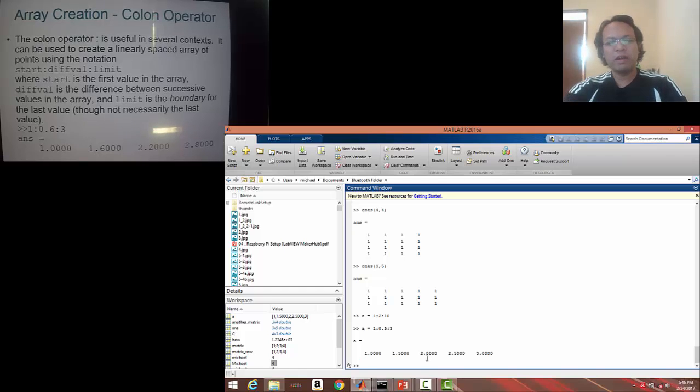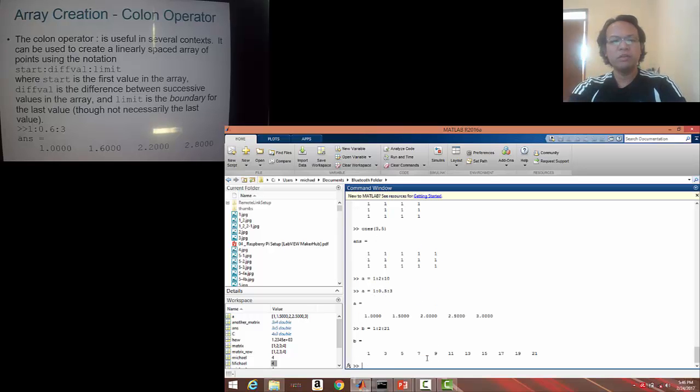So if you write, say, what else? B is equal to 1, 2 to, say, 21. Hit enter. So we have 1, 3, 5, 7, 9, up to 21.